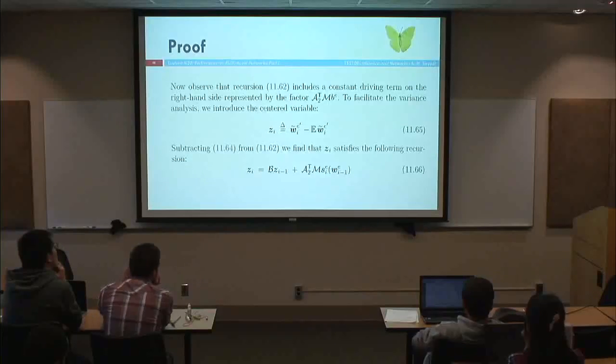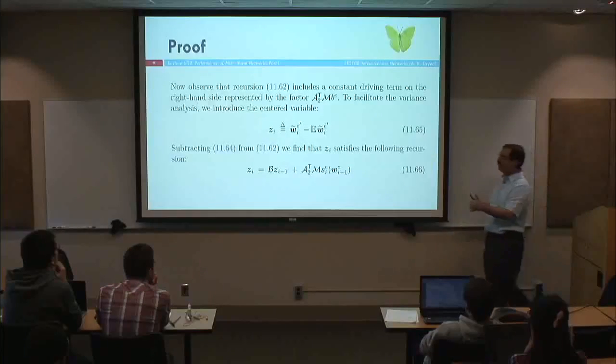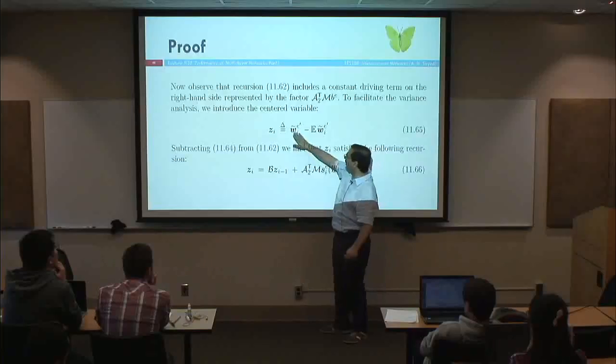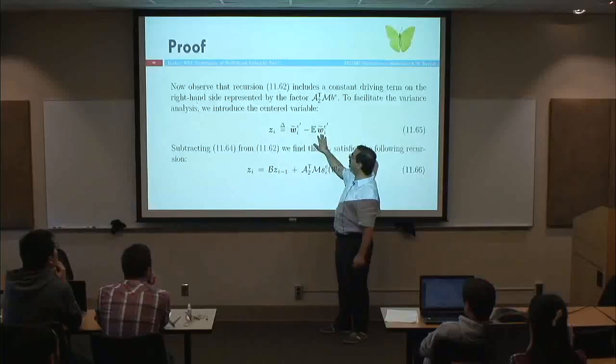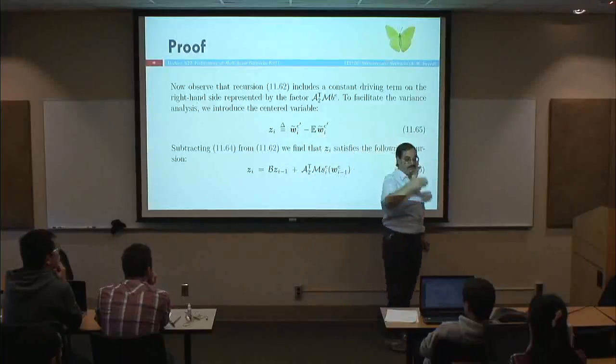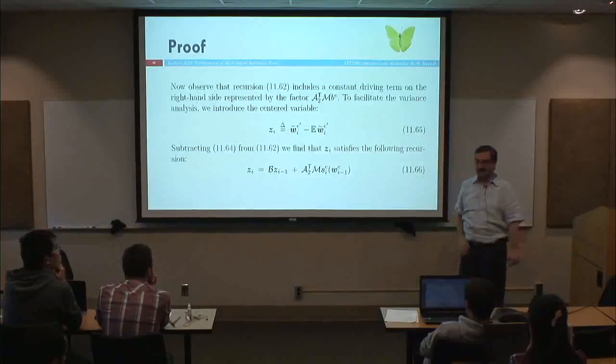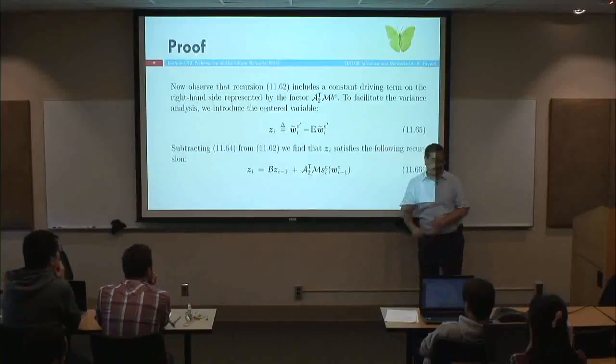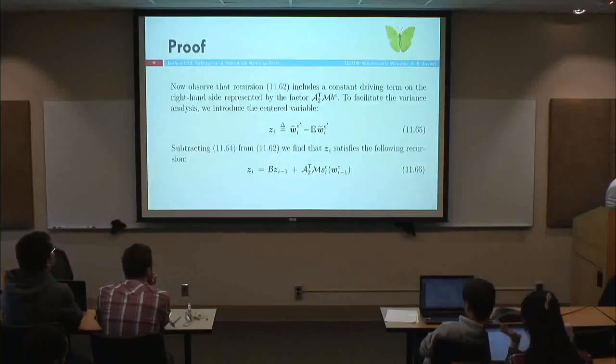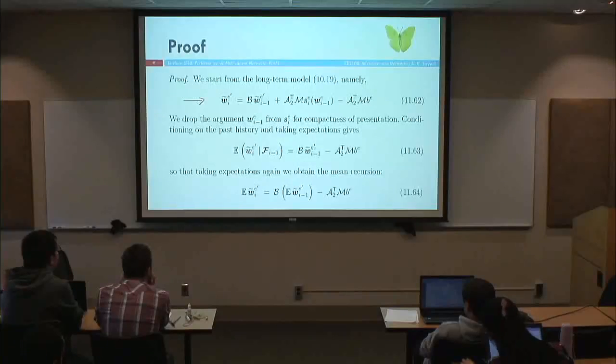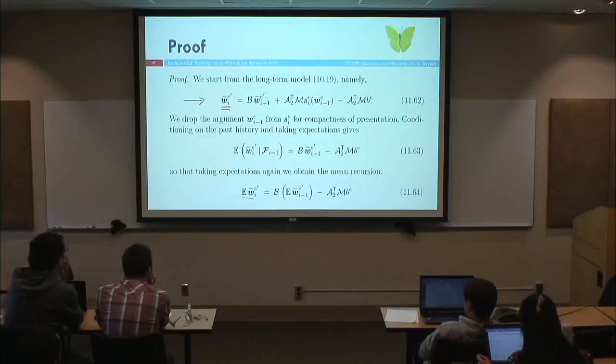So I'm going to define a 0 mean quantity, which is the difference between the error and its mean. Remember, this is a long-term model. This is in the limit, as for very large i. So if you go back and subtract these two recursions, this minus that is z at time i, and this minus that is z at time i minus 1.